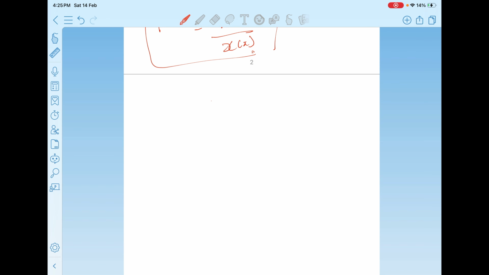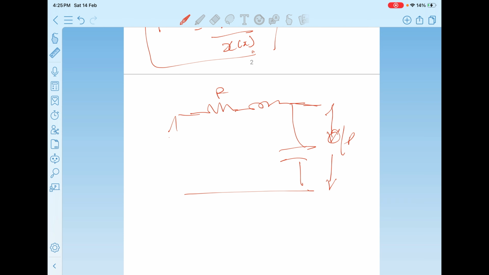In electrical circuits, if there is an electrical circuit made up of a resistor, inductor, and a capacitor, this is a circuit, and here we are measuring output and input is varied here. To understand this behavior, we make the output function divided by the input function, and then we get the transfer function of the system.